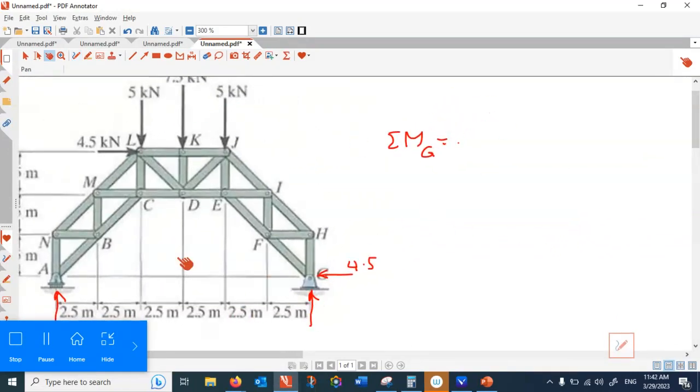5 times 5 positive, and then 7.5 times 7.5, that is also positive. And then we have 5, that is a positive rotation, times 10.